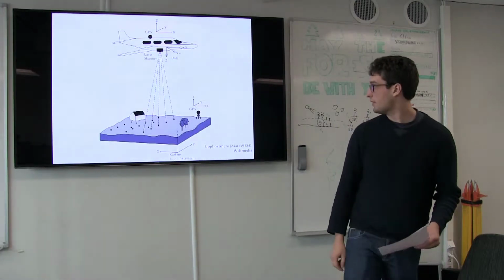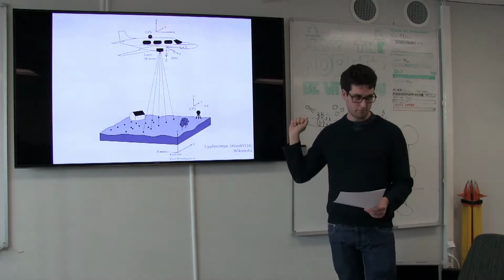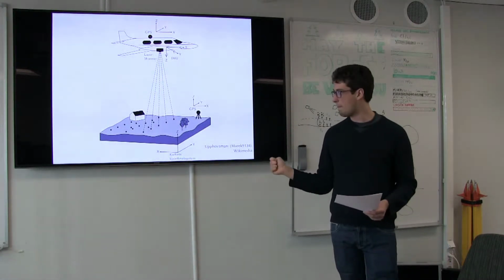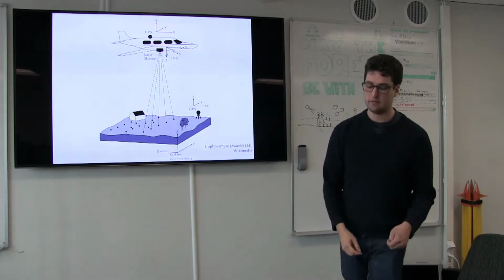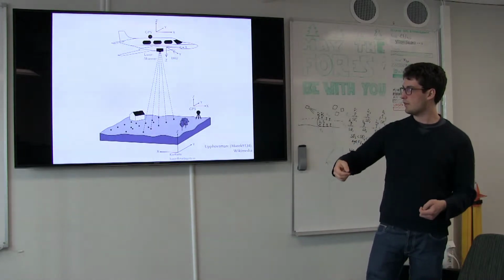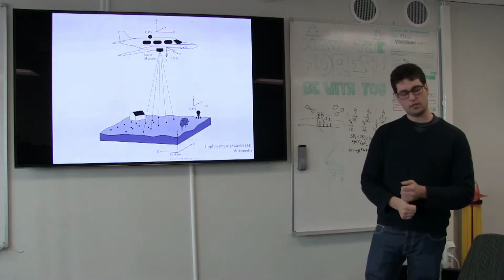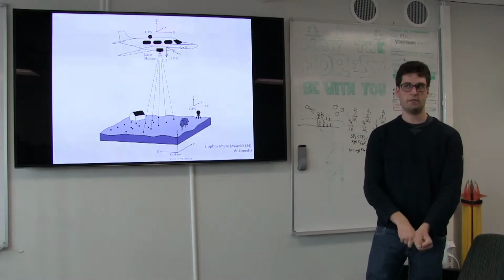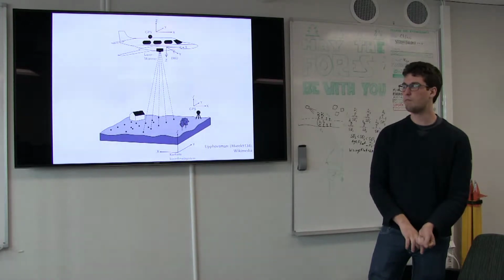So what I have been doing is I have looked at multispectral ALS. And that's an ordinary laser scanner, but it has 3 wavelengths that it uses. It's 1064, 1550 and 532 nanometers.